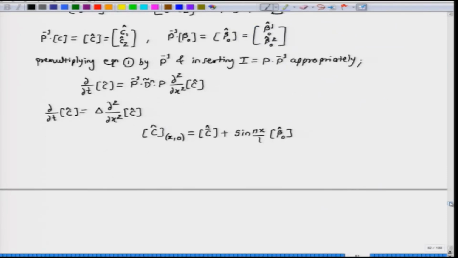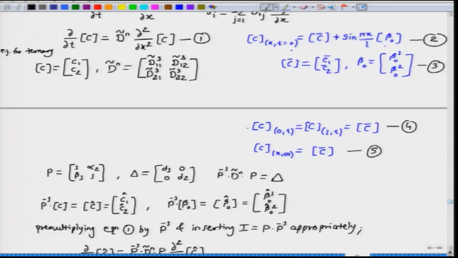And for the boundary condition, again if we pre-multiply by P inverse, this will be P inverse times C, which is C cap at x equal to 0 at any time t.